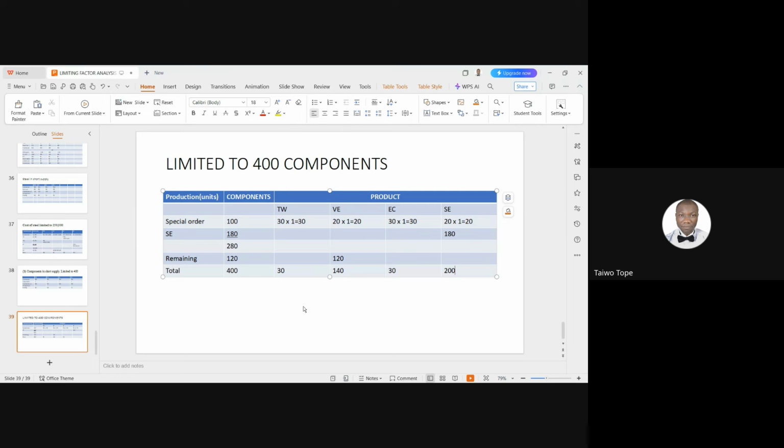I want somebody to explain what will happen in part C. Let me change my slide to that point. In part C, I want someone to explain.